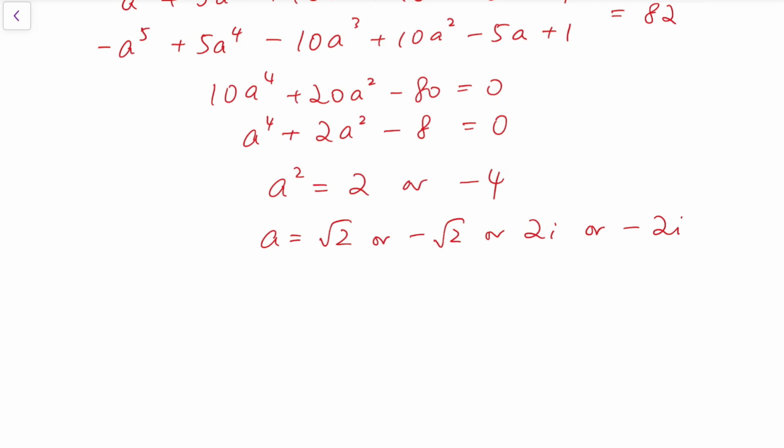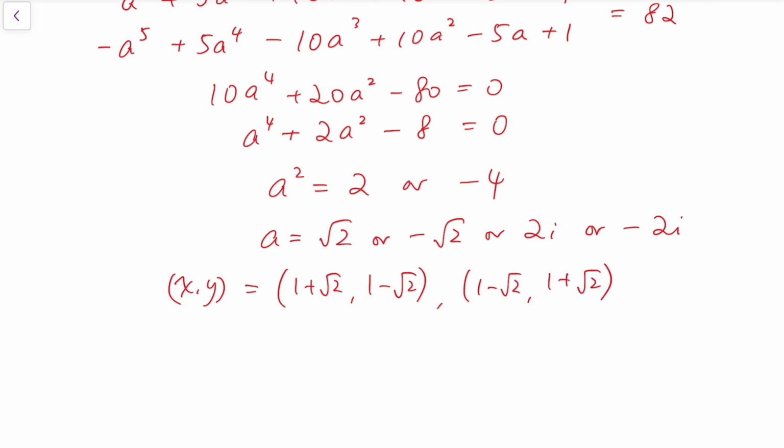And we can see that x and y are either 1 plus root 2 and 1 minus root 2, or the other way around. And of course, the other two possible cases for a will give the same non-real solutions as above, so I have to reject them because we are looking for real solutions. So this is the final answer.